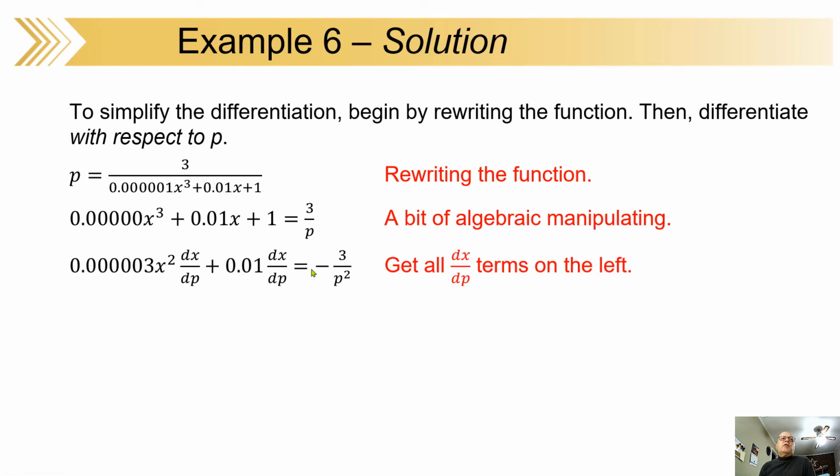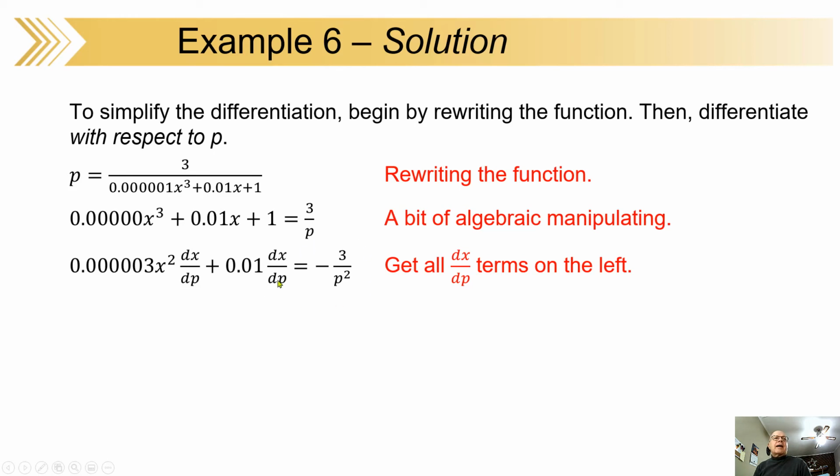Now, once you've got that down and it's in a form you can use, take the derivative of that. Remember, you're going to rewrite this as 3 times p to the negative 1, most likely, instead of using the quotient rule. And you're going to use implicit differentiation to get the derivative across this equation.